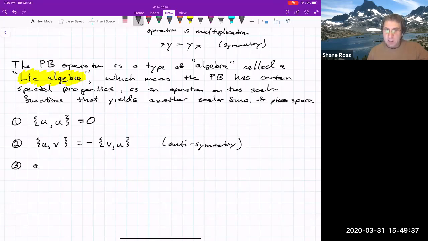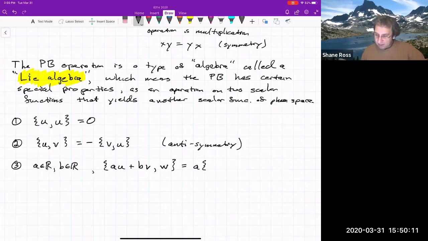So I've got u and v are scalar functions. What if I now also have a is a real number and b is a real number? Then if I take a times u plus b times v, the sum of two scalar functions, and take the Poisson bracket of that with a third scalar function, w, what is this going to be?